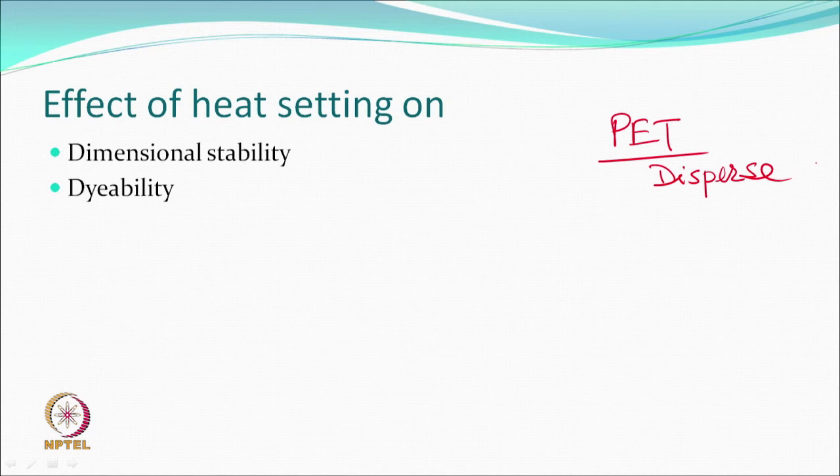Now, the disperse dye goes into the spaces that are available. When the dyeing is done at a higher temperature, there is molecular mobility, some space between the molecules is created and then the dye diffuses inside. It is not dependent on any functional group. So, what is it dependent on? It is dependent on the morphology.